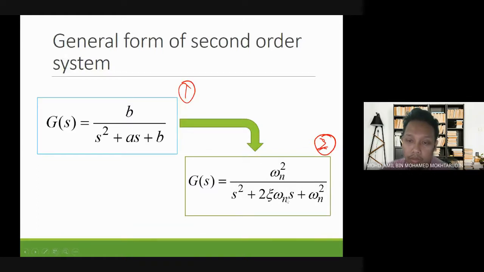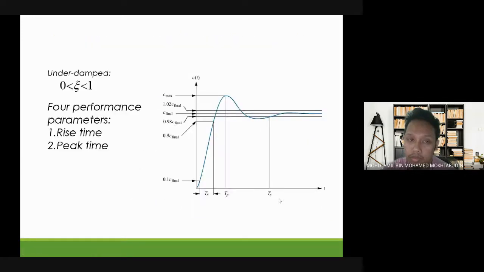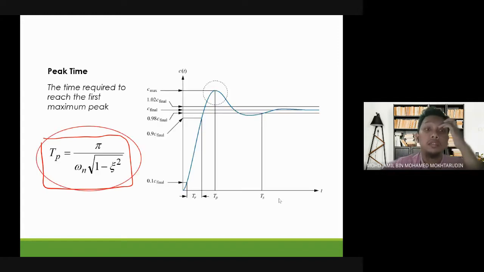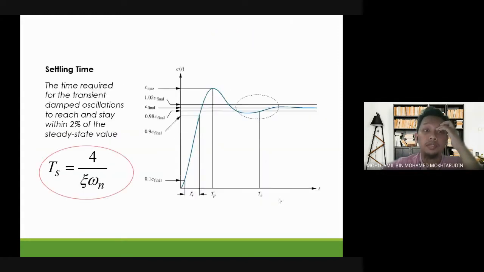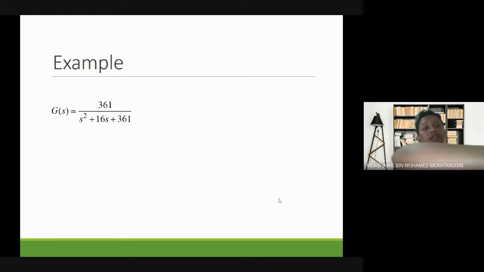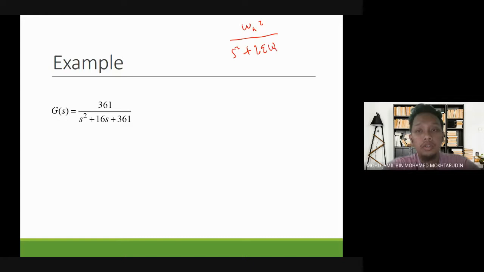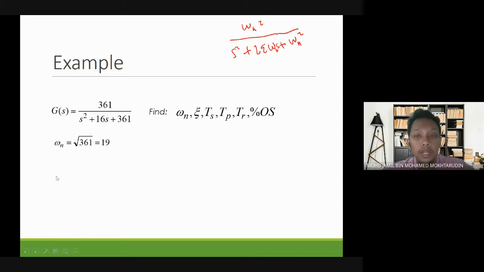I forgot the formula. Omega n squared divided by s squared plus 2 damping ratio omega n s plus omega n squared. Okay. So this is the general formula.